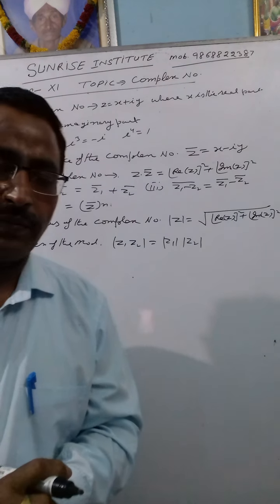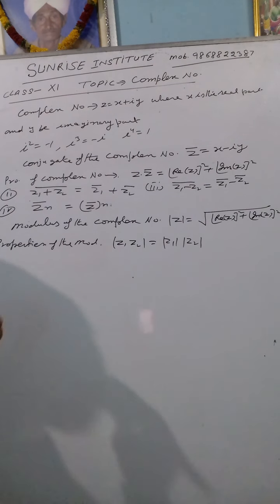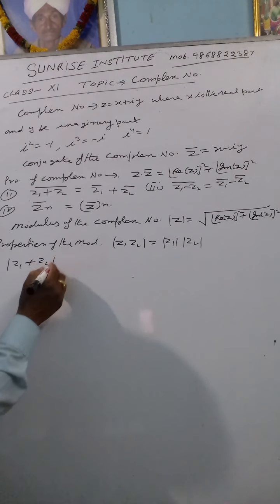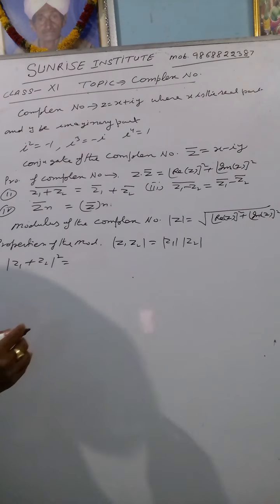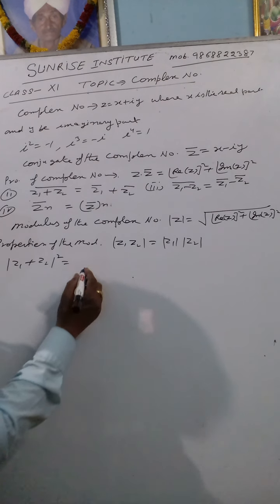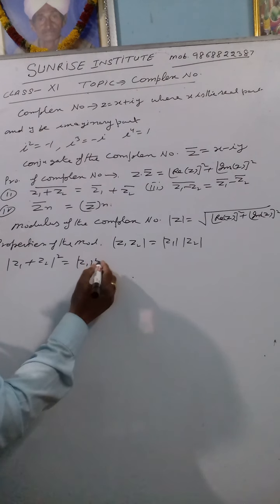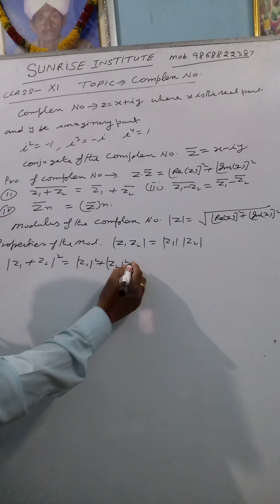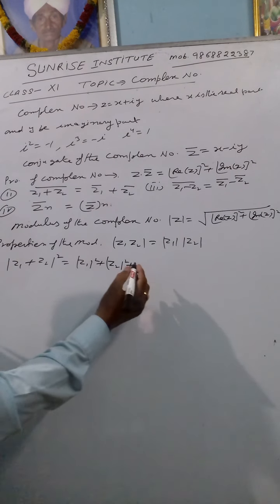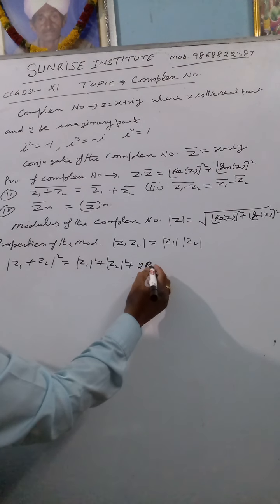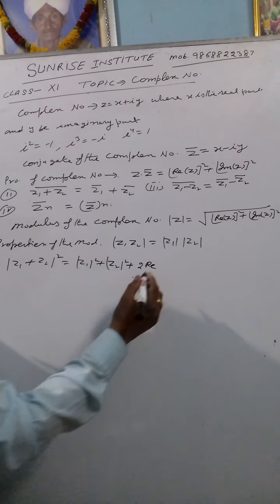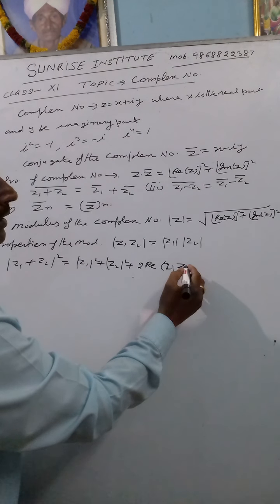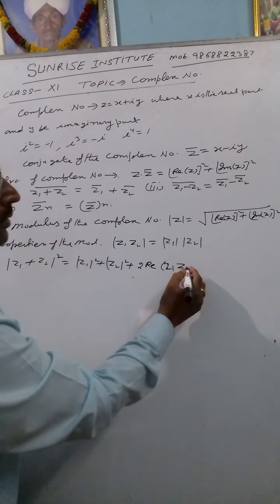And modulus of z1 plus z2 whole square equals modulus z1 square plus modulus z2 square plus 2 real part of z1 z2 conjugate.